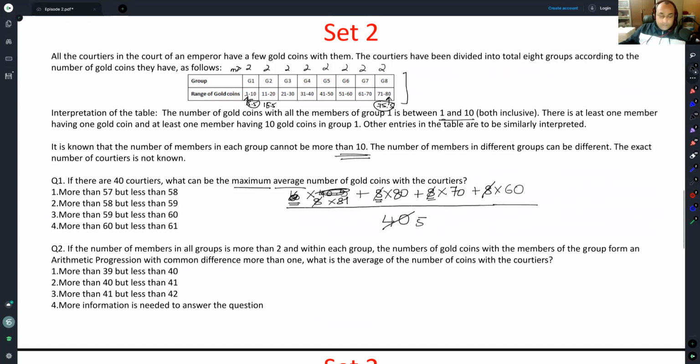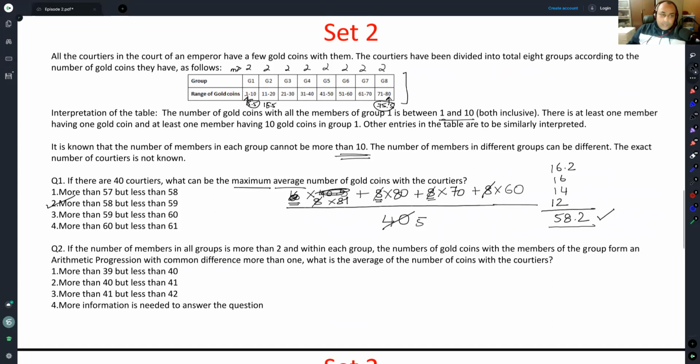Now for these 3 numbers, all you have to do is 16.2, 16, 14, and 12. If we add them up, we reach 58.2. The average is conveniently reached. The question, the options here: more than 58 but less than 59.